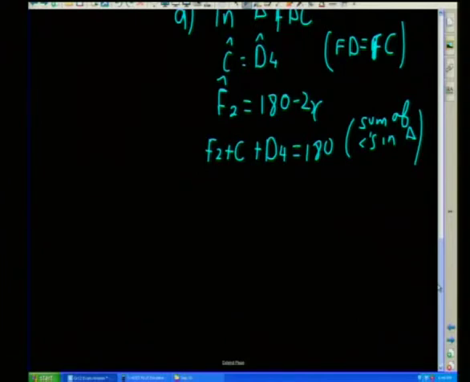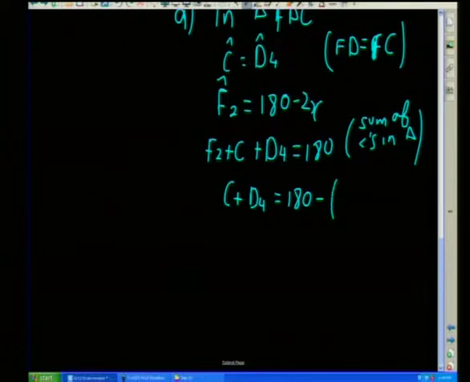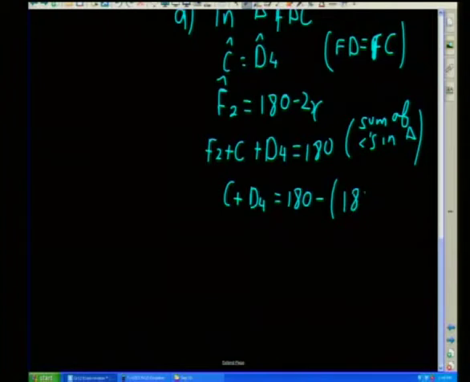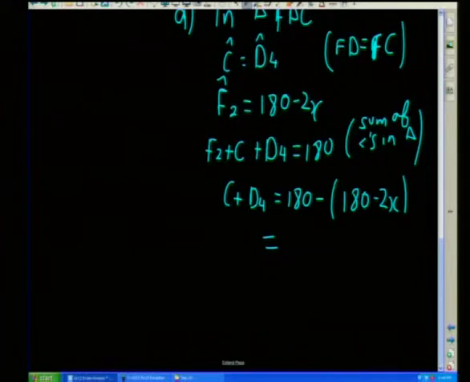So therefore, I can say C plus D4 is going to be 180 minus F2, which is 180 minus 2x. And that's going to give me, 180 minus 180 will cancel out, and I'll just get 2x.